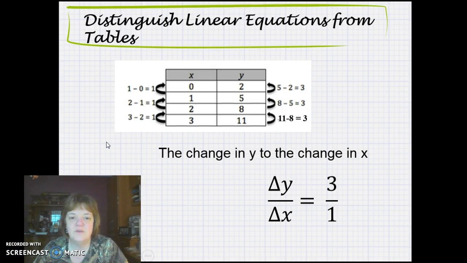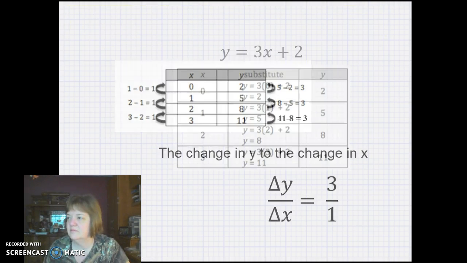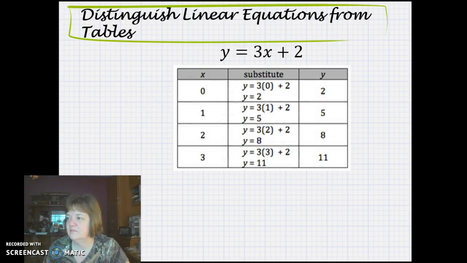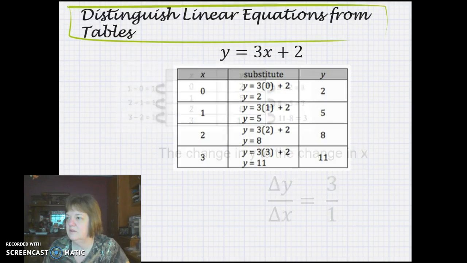So on another, let's see, was this the same one we just looked at? 0, 1, 2, 3. Yes, it is. Okay.